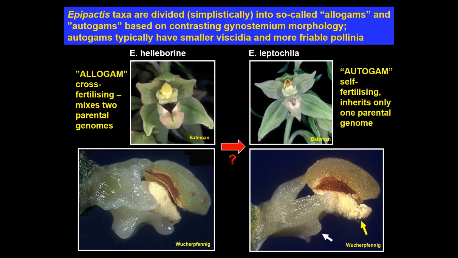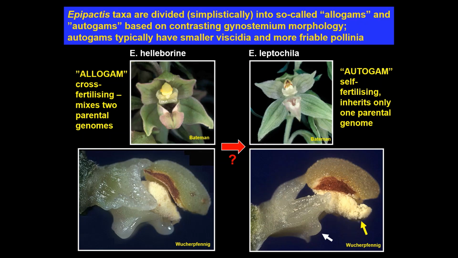What if we compare a typical cross-fertilized Epipactis like Epipactis helleborine, the widespread common Helleborine, shown here on the left, and a supposed autogamous taxon such as Epipactis leptochila here on the right? One of the things that you'll notice, if you look at the diagram on the right, is that the pollen mass looks far more friable, far less cohesive than the pollen mass on the left, pointed out here by a yellow arrow.